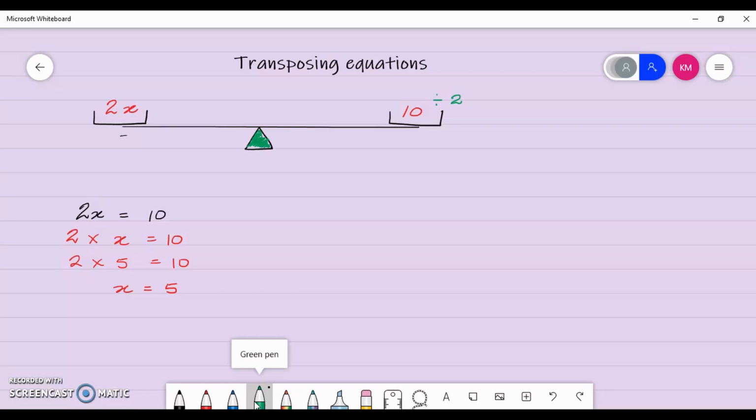So if I divide by 2 on this side, I must also divide by 2 on this side. 2x divided by 2, my 2's are going to cancel, leaving me with x, and x is going to remain on this side of my scale, and 10 divided by 2 gives 5. So x has the same weight as 5.